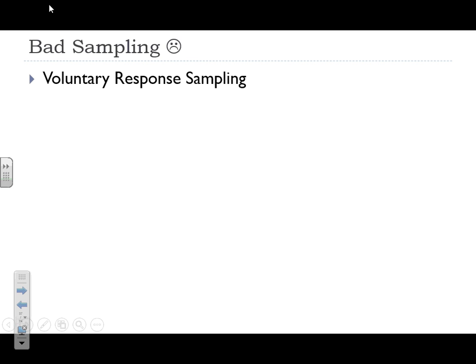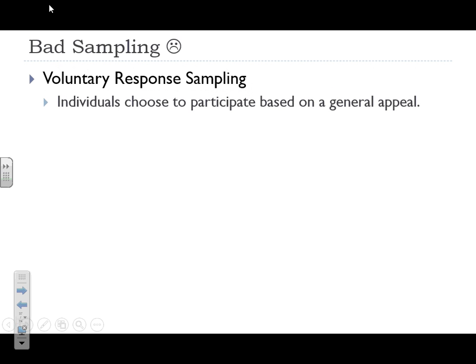The first, voluntary response sampling. Voluntary response is when individuals choose to participate based on a general appeal. So with voluntary response, you are not actually selecting a sample to use.